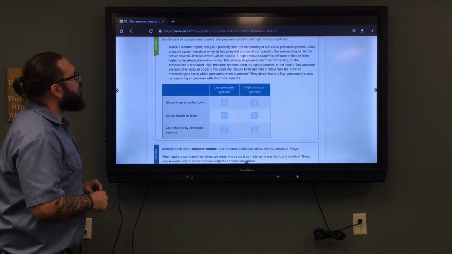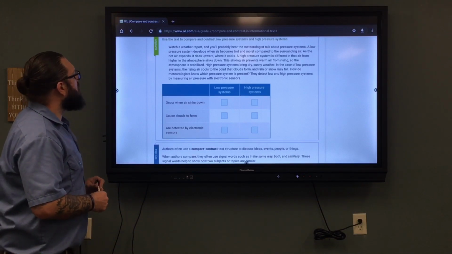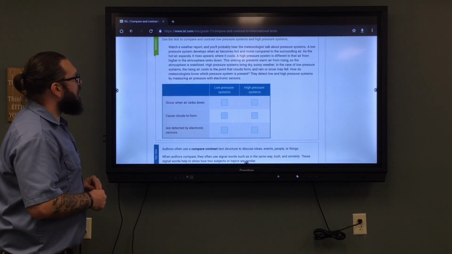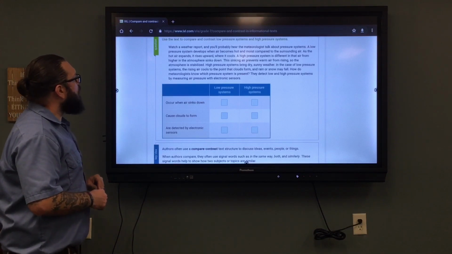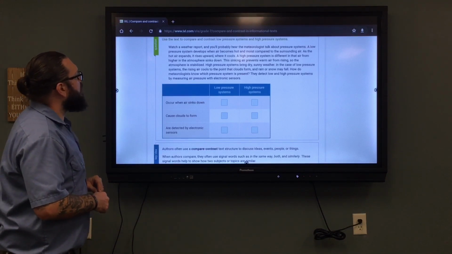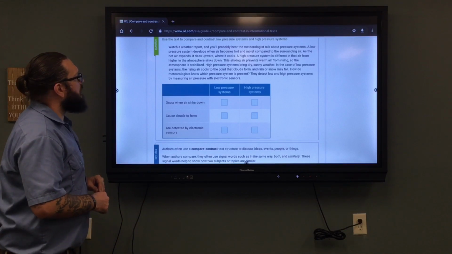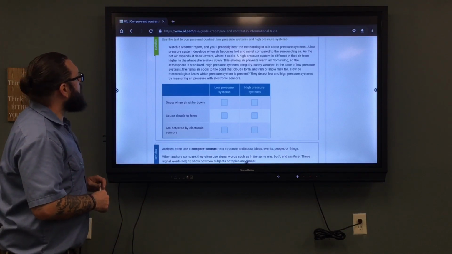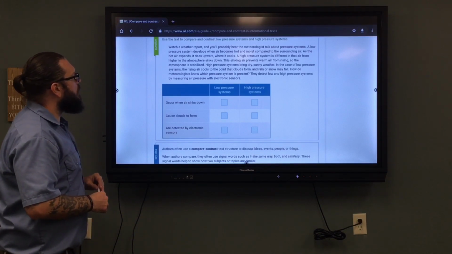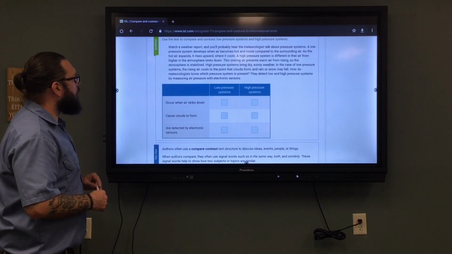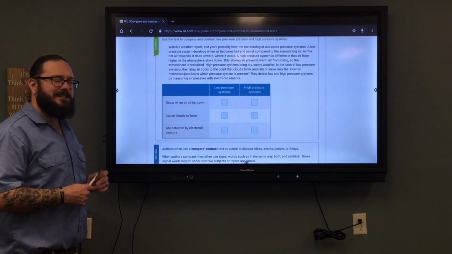The sinking air prevents warm air from rising, so the atmosphere is stabilized. High pressure systems bring dry, sunny weather. In the case of low pressure systems, the rising air cools to the point that clouds form, and rain or snow may fall. How do meteorologists know which pressure system is present? They detect low and high pressure systems by measuring air pressure with electronic sensors.